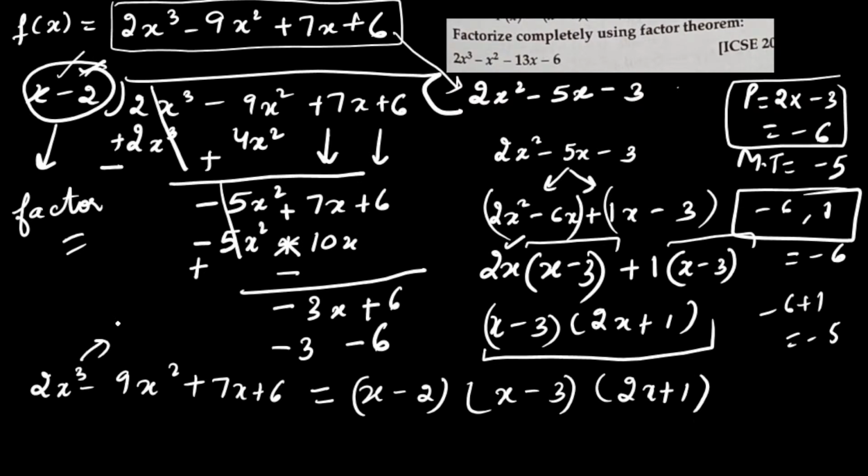A cubic polynomial will always be factorized into 3 factors. So remember, don't write only the last 2 factors. All 3 factors we have to write. So here we have completed this question.